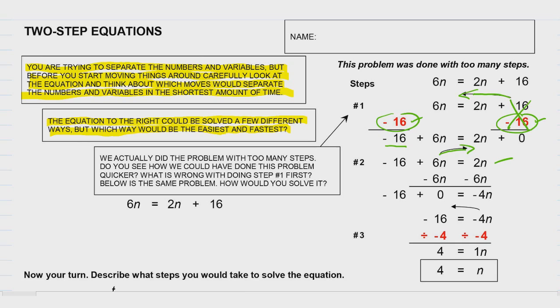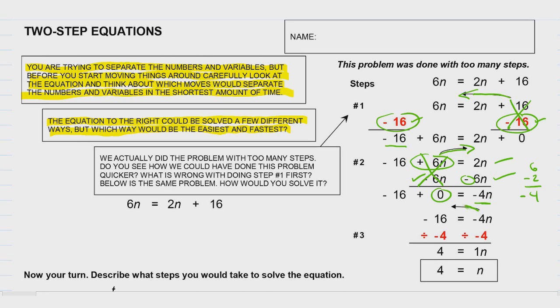And again, you're moving it to the opposite side. And since this is a plus 6n, they're going to do minus 6n to both sides. And 6n minus 6n cancels each other out, produces 0. And over here, they do 6 minus 2, which equals 4. And you take the sign of the bigger number, so they get negative 4n.